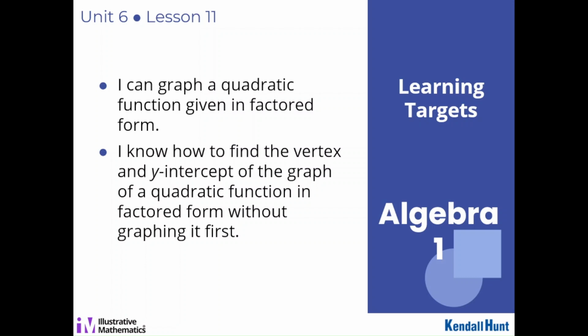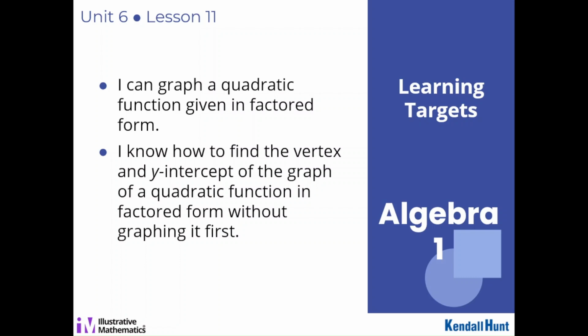Learning target number 2 says that you know how to find the vertex and the y-intercept of the graph of a quadratic function in factored form without graphing it first. Again, if I want to find the vertex, I need to find my x-intercepts, add them together, and divide by 2 to find the x-coordinate, then substitute that x-coordinate into the equation to solve for the y-coordinate.